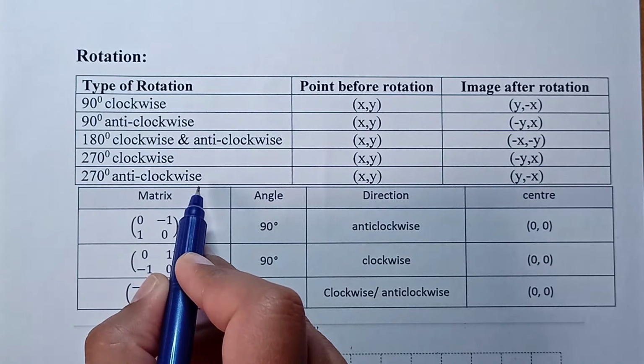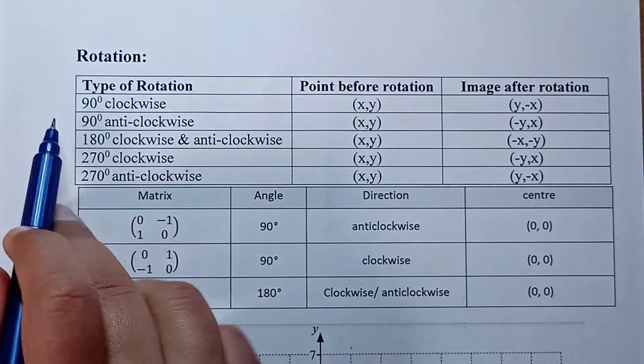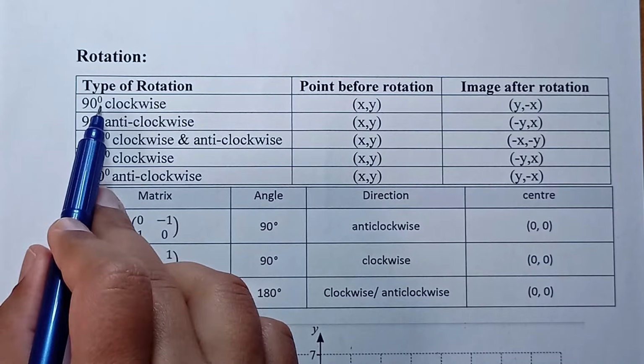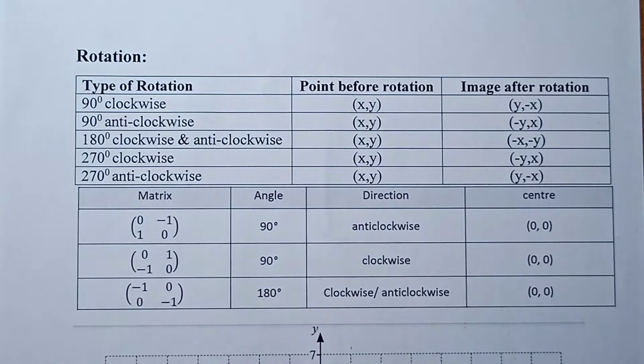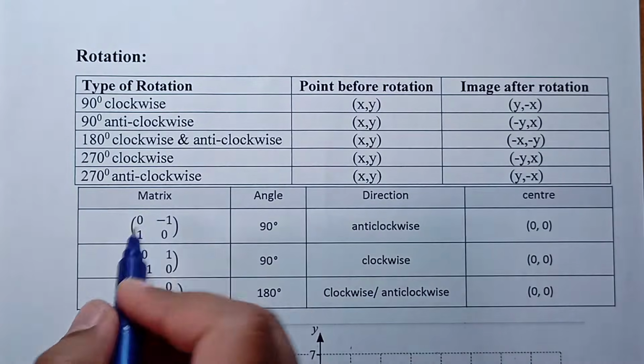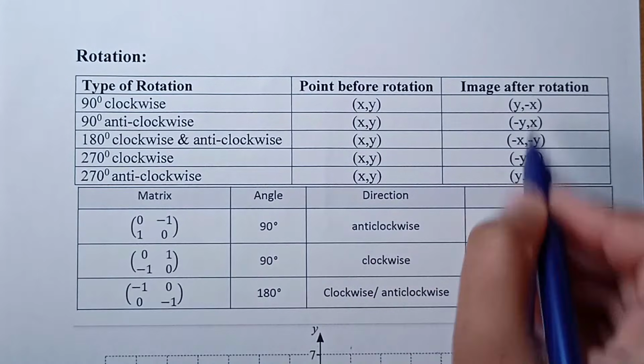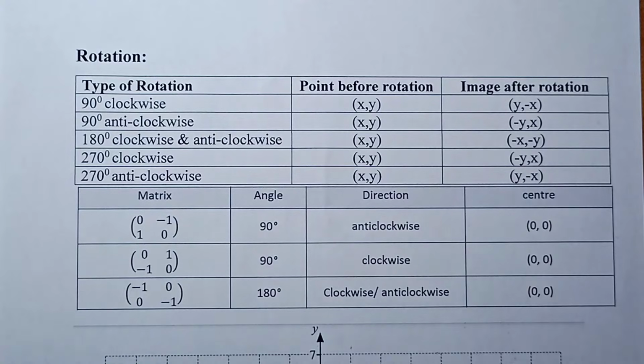Mostly in O levels exams, they give you 90 or 180, not 270. These are the points that are going to change, like we did in reflection, and the matrices representing those rotations for 90 clockwise, anti-clockwise, and for 180.